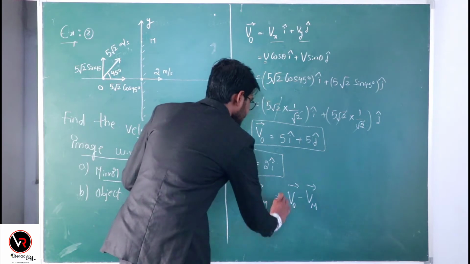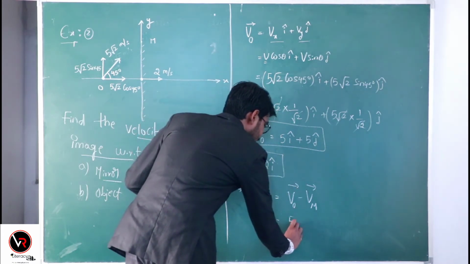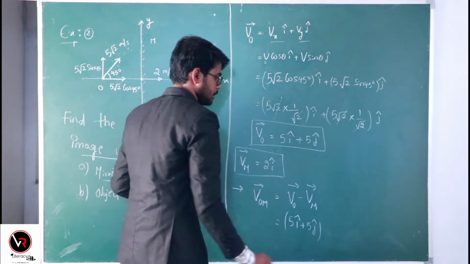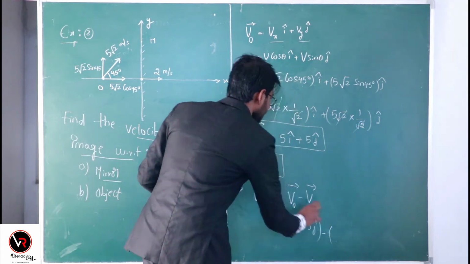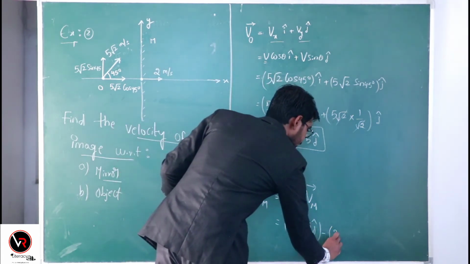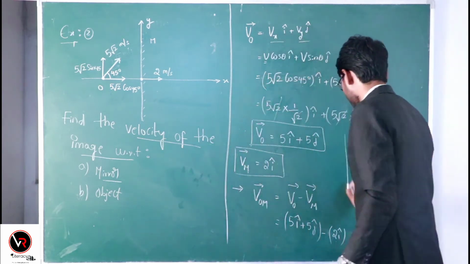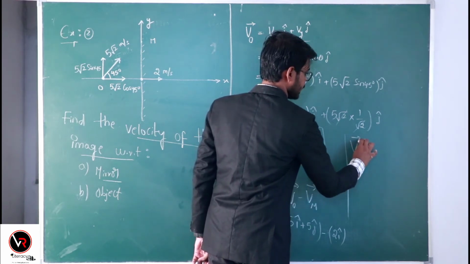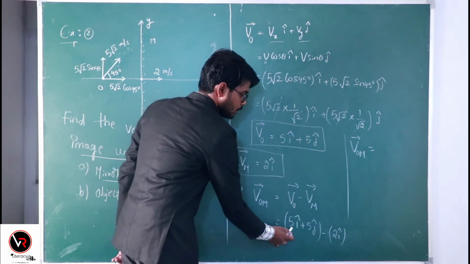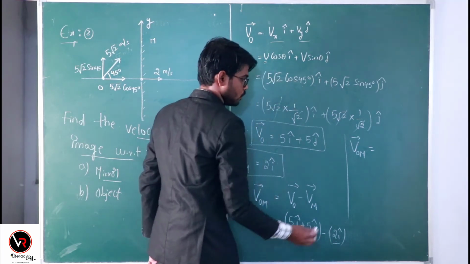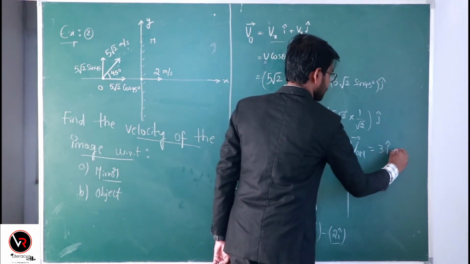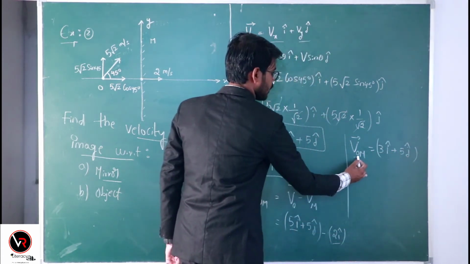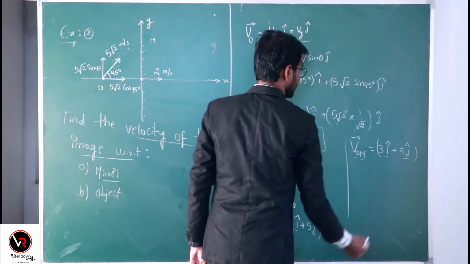The velocity of object is 5 î plus 5 ĵ, minus the velocity of mirror, 2 î. So finally what you get? 5 î minus 2 î, you get 3 î plus 5 ĵ. So velocity of object with respect to mirror is 3 î plus 5 ĵ.